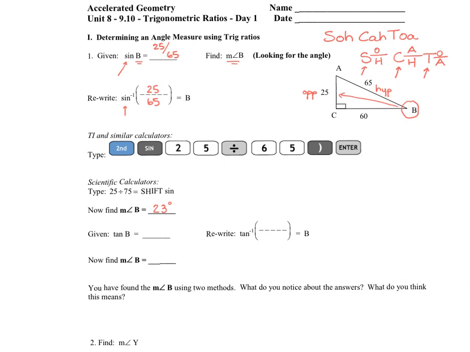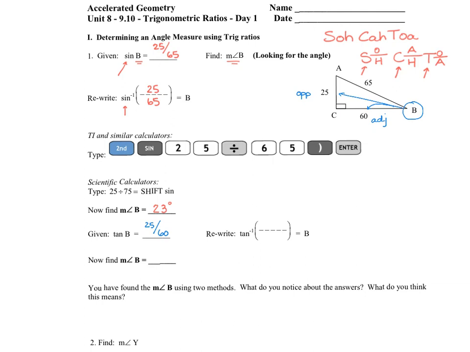Now let's try to find the measure of angle B using a different trig function. So I'm going to go back up to this original diagram, and I'm still going to use angle B. But this time I want to use tangent of B. So tangent, I need opposite over adjacent. So the tangent of angle B is 25 over 60.